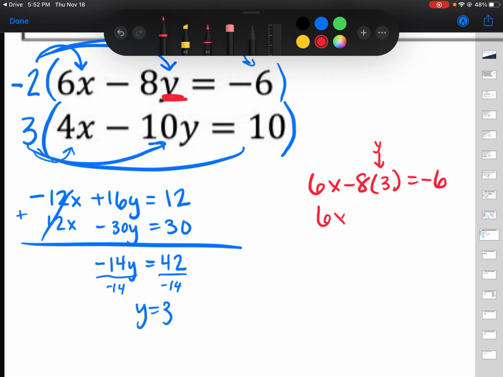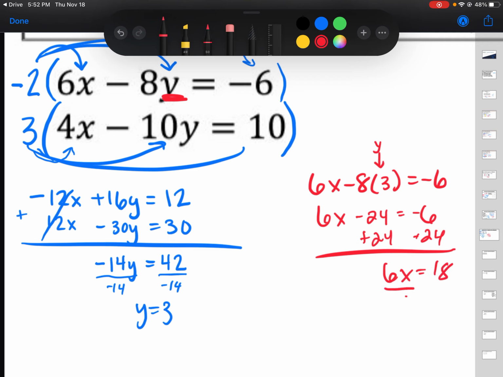So 6x, 8 times 3 is 24, negative 24. Add 24 to both sides. So 6x equals 18. Divide by 6. X is 3. So we've got 3, 3.